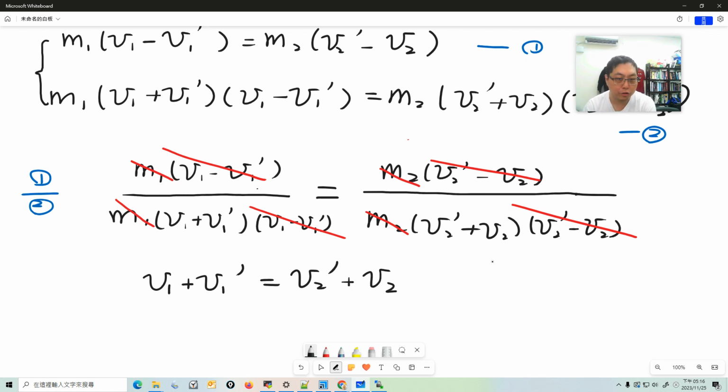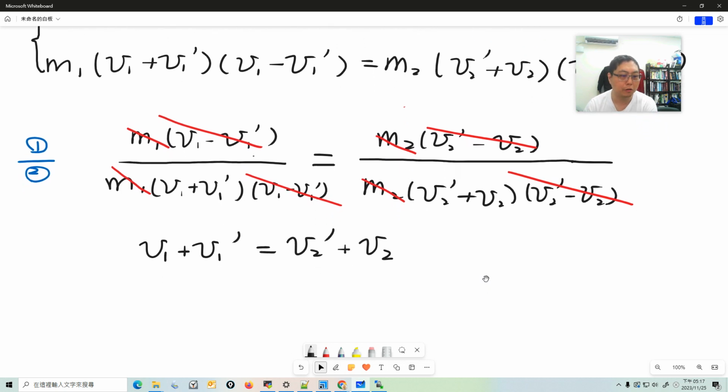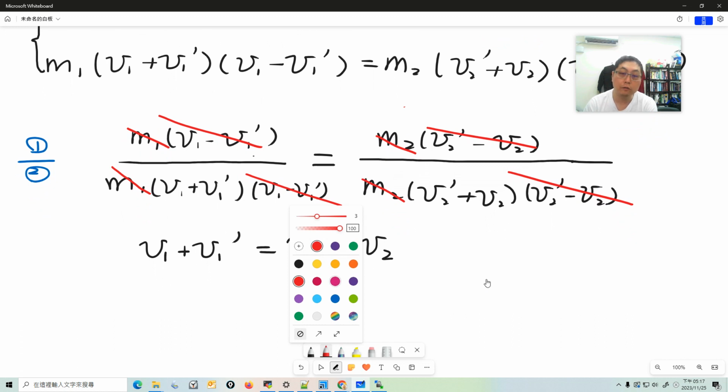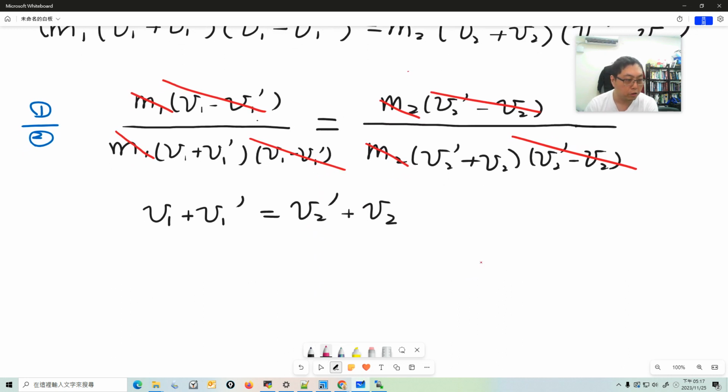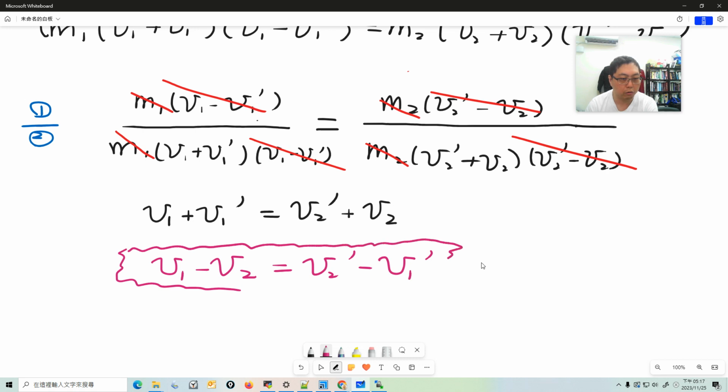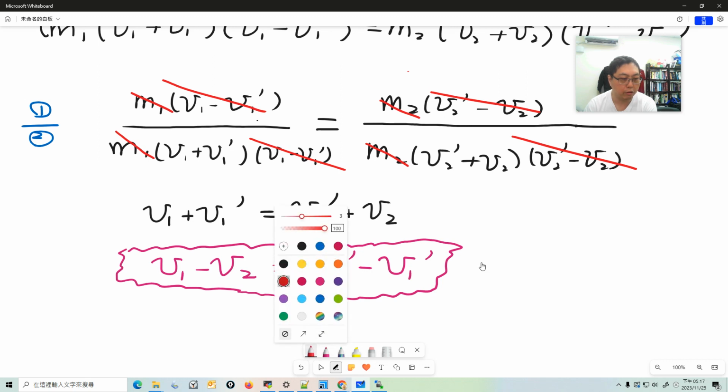We will arrange this equation and get a very important feature equation of the 1D collision. So we get v1 minus v2 equal to v2 prime minus v1 prime. This is also a feature equation of the 1D collision, and the left-hand side is the relative velocity.